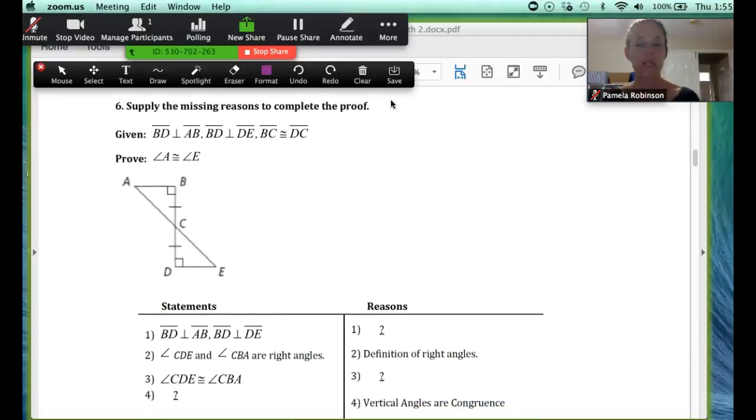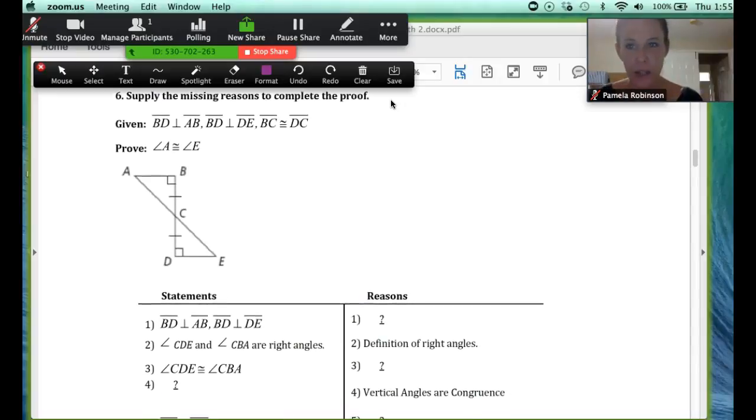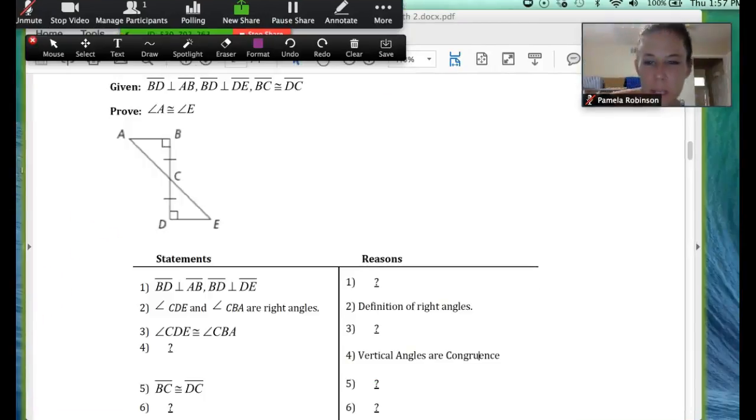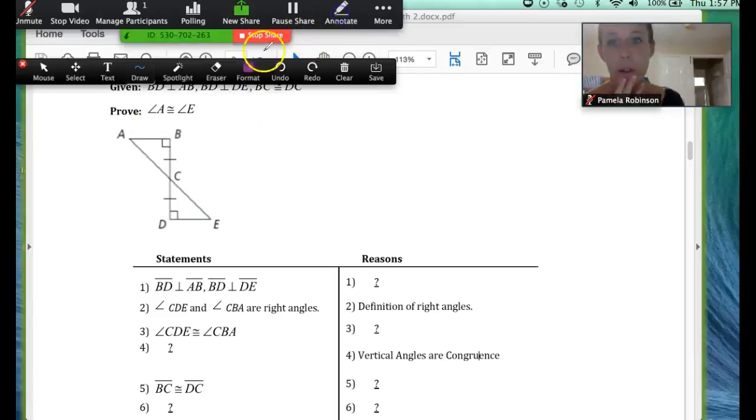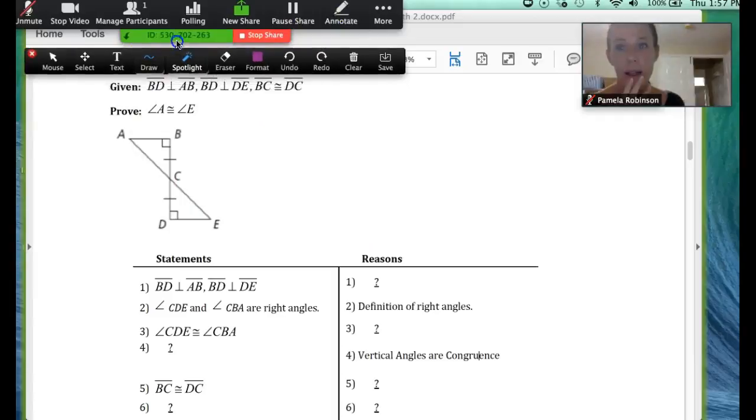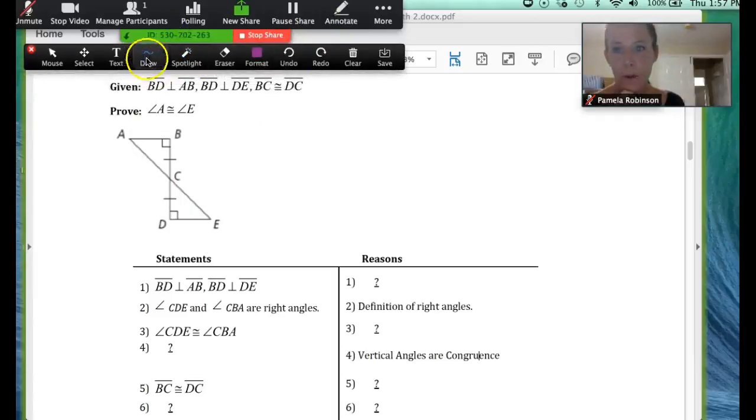Supply the missing reasons to complete this proof. Once again, it's scaffolded. You don't have to worry about doing the whole thing. Okay, on to number 6. We're given a scaffolded proof, like I just said, and you are given this information. I always like to mark up my proofs first thing so that I can work through in my mind what information I have.